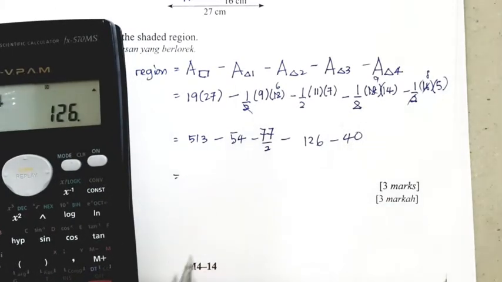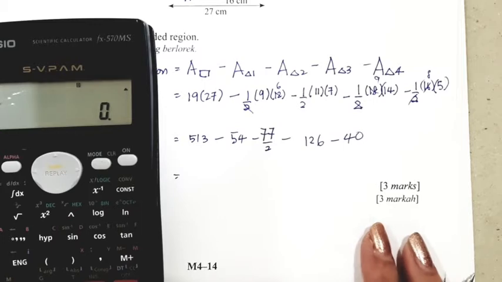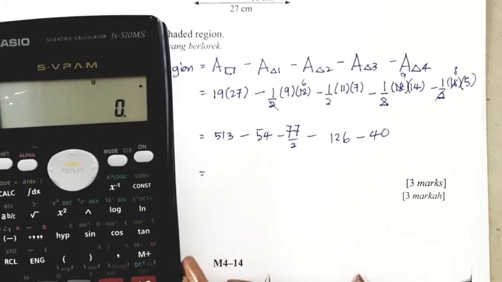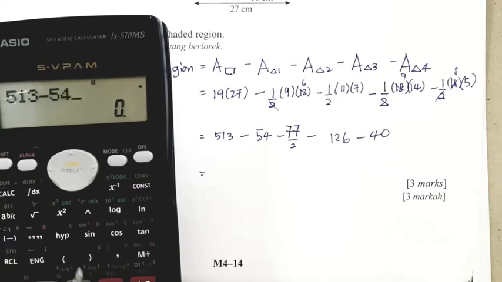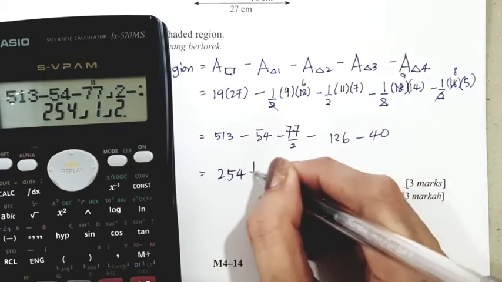And just use the calculator for the rest of the working. So we take 513 minus 54 minus 77 over 2, and then 126 minus 40. So that will be 154 and a half.